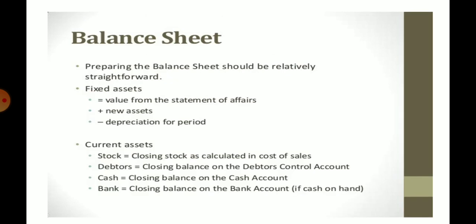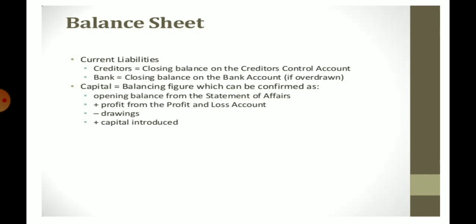Preparation of the balance sheet should be relatively straightforward. Fixed assets is equal to the value from the statement of affairs plus new assets less depreciation for the period. For current assets, stock is equal to closing stock as calculated in the cost of sales, debtors is the closing balance of the debtors account, cash is the closing balance of the cash account, and bank is the closing balance of the bank account if cash in hand. The balance sheet also includes current liabilities: creditors is equal to the closing balance of the creditors control account, and bank is the closing balance of the bank account if overdrawn.